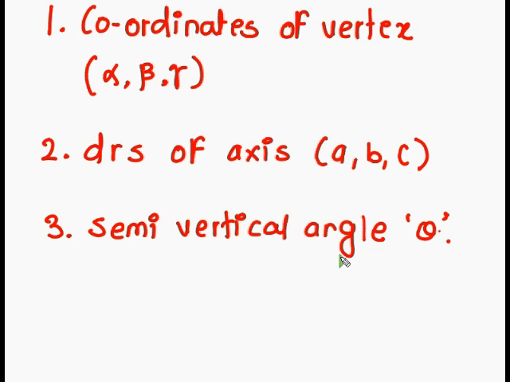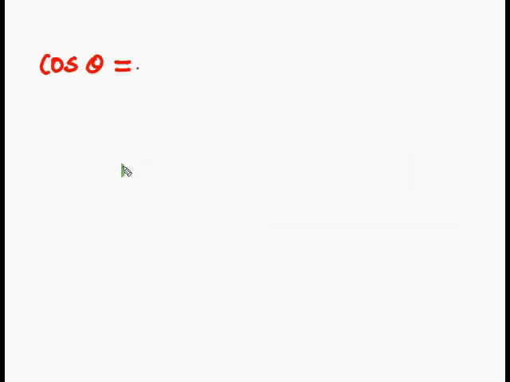Now once you get all these three, the question is how to find an equation of a right circular cone. So let's see that formula. If you know theta, the semi-vertical angle, the DRs of the axis a, b, c, and the coordinates of the vertex alpha, beta, gamma, let P be any point on the generator with coordinates x, y, z.